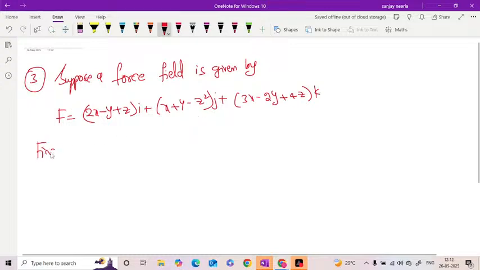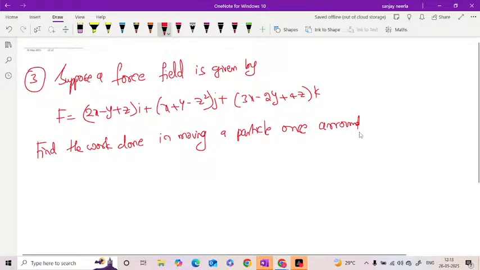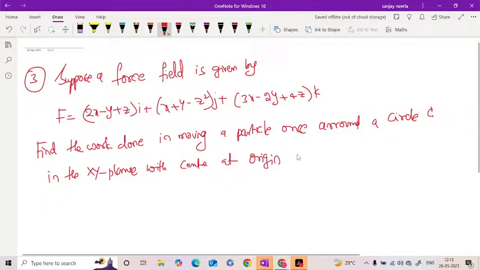The question is, find the work done in moving a particle once around a circle in the xy plane with the center at origin and radius is 3.